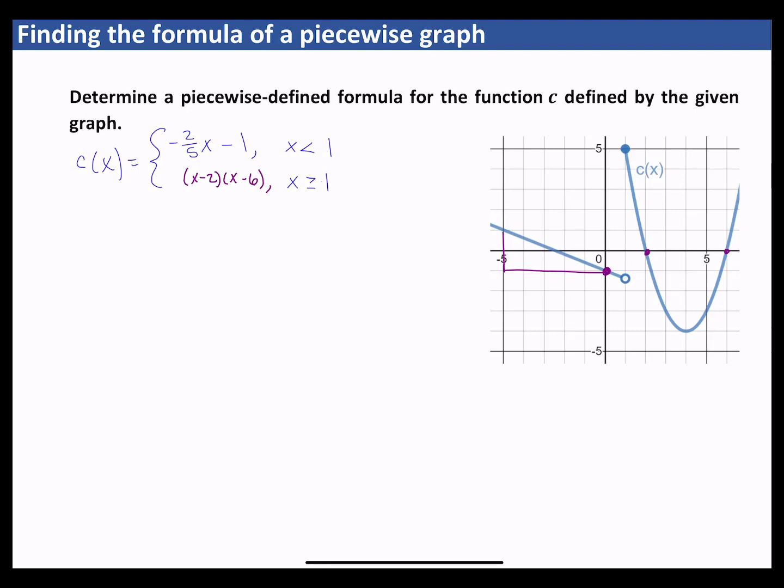The only thing left is to determine if a vertical stretch has been applied to the quadratic piece. And we can do this in one of two ways. First, starting at the vertex, we notice that if we move left or right 1 unit, the point on the graph is also up 1 unit. And if we move 2 units right or left, the point on the graph is up 4 units.